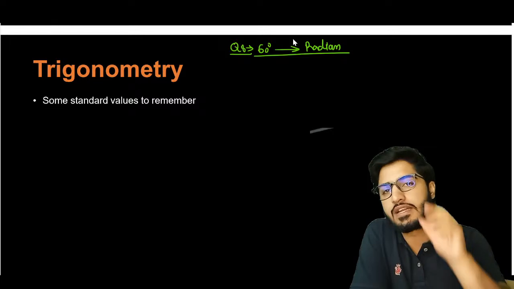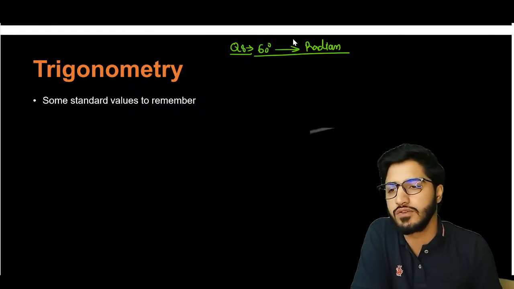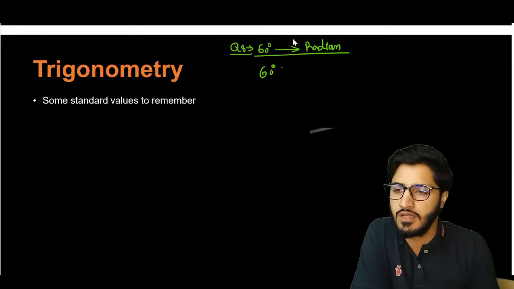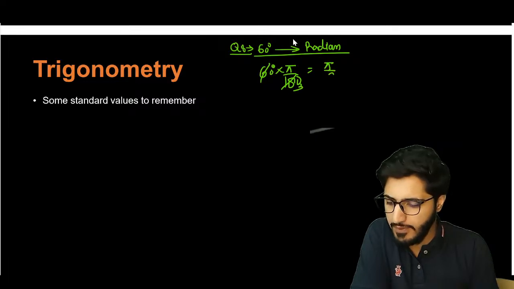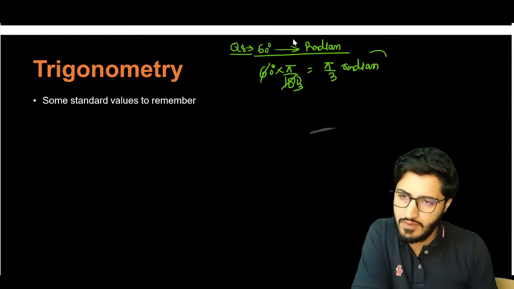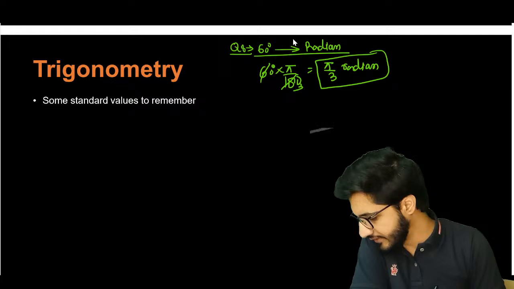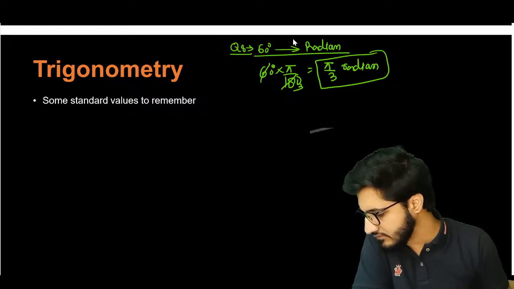If you have degree to convert to radian, you have to multiply it by pi by 180. So it is 60 into pi divided by 180, right? I think it would be pi by 3 radian. In this way, you can convert it.